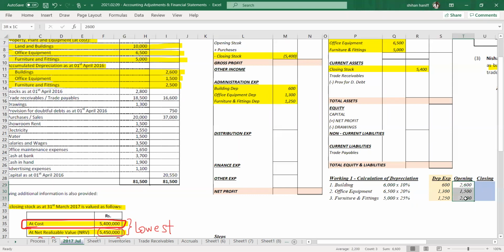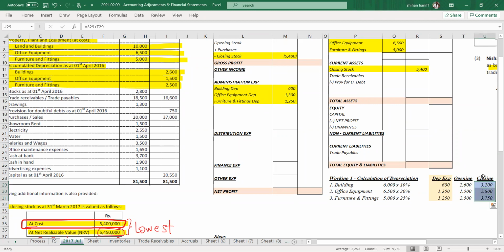So if you add the opening and current year depreciation, you will get the closing depreciation balance.